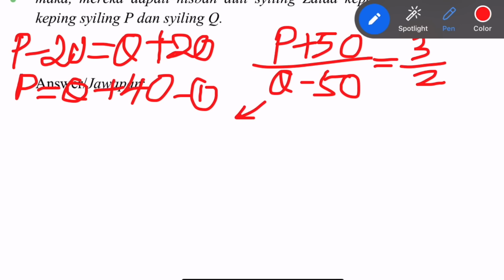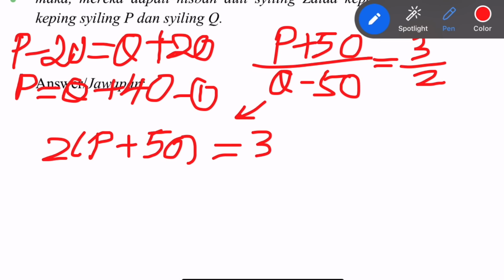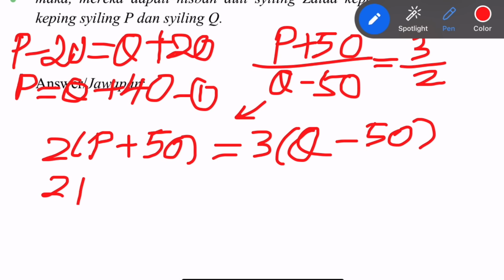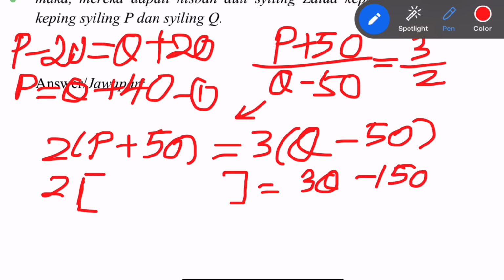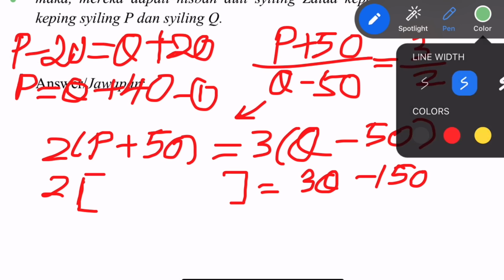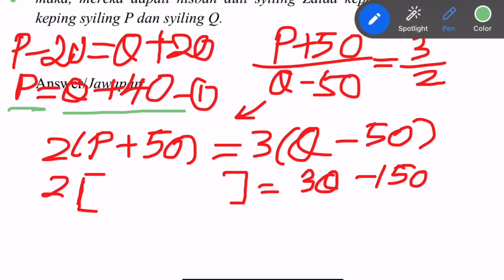From the ratio, just now we have 2 times P plus 50 is equal to 3 times Q minus 50, by cross multiplication. So we have 2P, but for the P I will substitute Q plus 40 later on. The right hand side I just copy and expand.